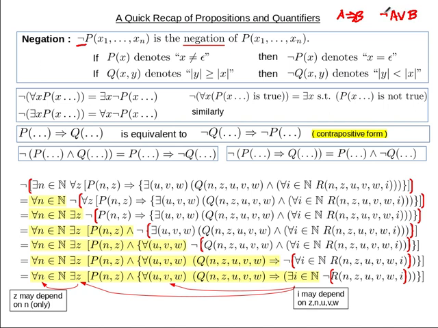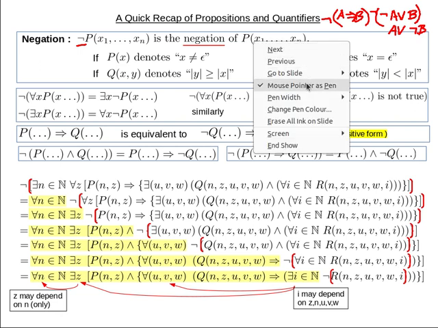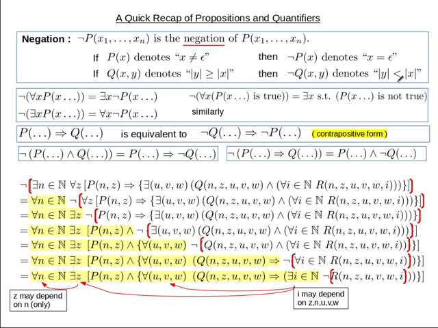Okay, and if you take the negation of this thing, then this becomes a conjunction, a and not b. So anyway, these are just basic predicate calculus. So you already know that.